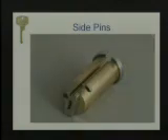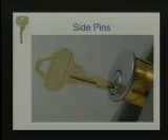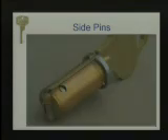And then side pins. So here's our cylinder, and that little metallic silver thing right here is sticking out. Normally the plug would not be able to turn because that would be hitting something inside the lock. The way this works with the real key is that the key looks like that. It has that small cut right here, and that pin would fall into it when the correct key is inserted, and it'd be free to rotate.